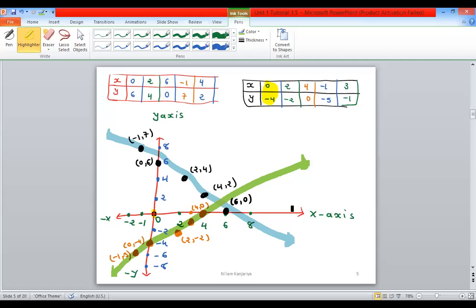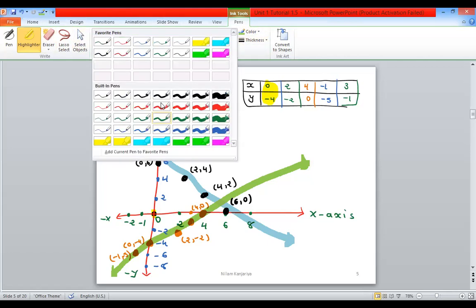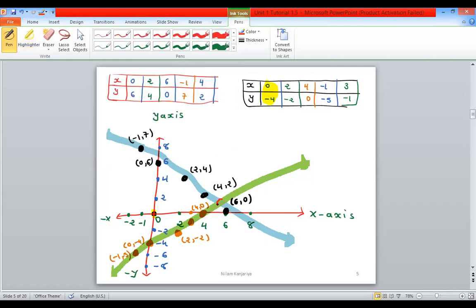When you have a look here, the two lines are intersecting. So this is your intersecting point. This is your intersecting point. It's called your solution. What I'm saying? Your intersecting point.